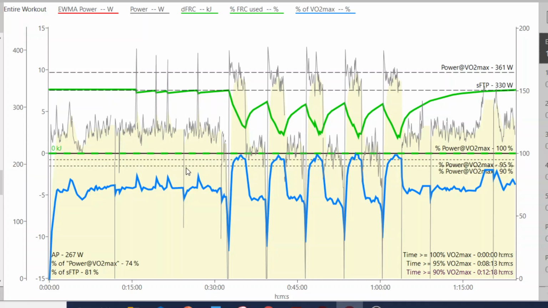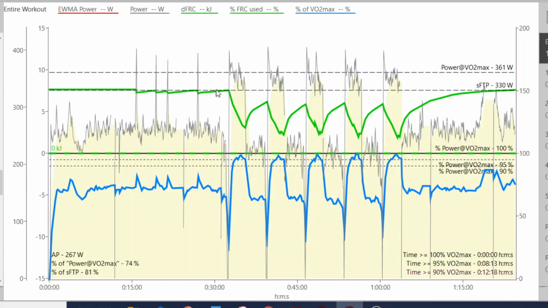So the workout that's prescribed for this athlete was 5 times 3 minutes with about 3 minutes and 30-second recovery. And the athlete executed at about 107 to 108% of FTP.